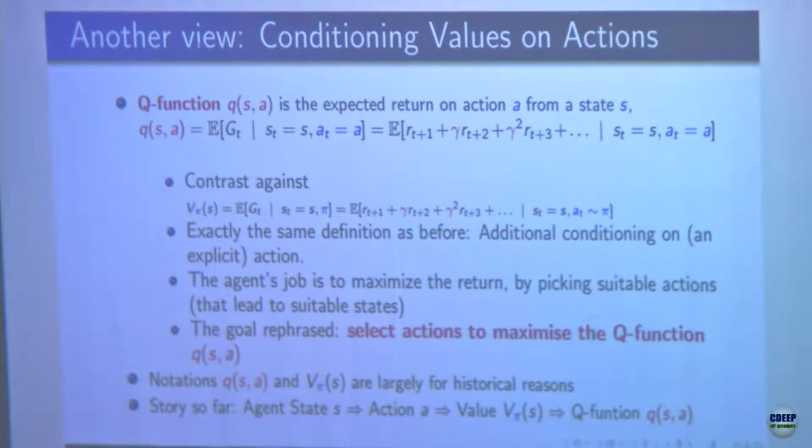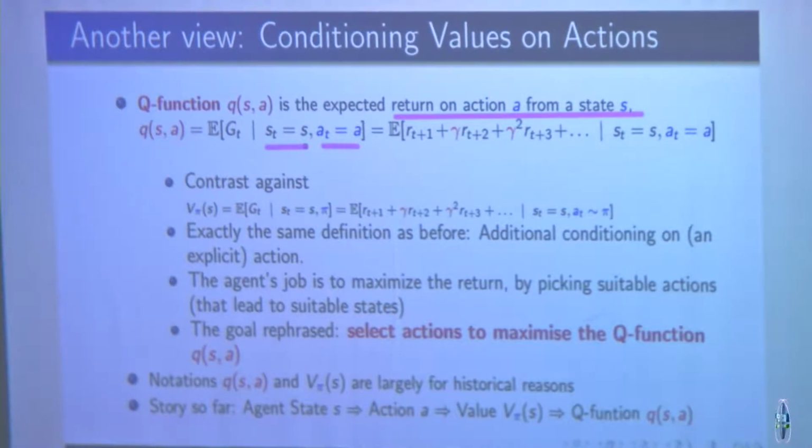It's the same idea, but now return on action A from a state S. These two have been fixed. So you can contrast this against V. Sometimes people use Q instead of V, so select actions to maximize the Q function. Both of these exist largely for historical reasons.